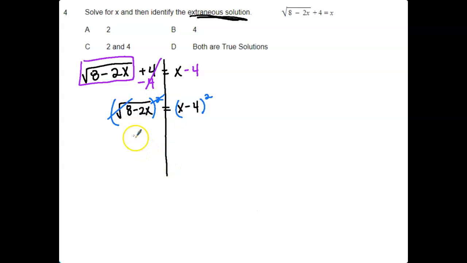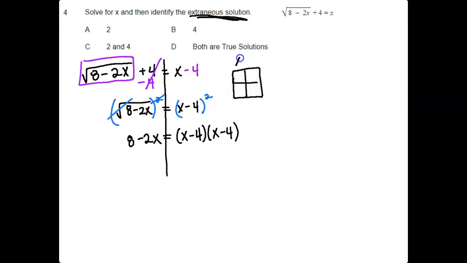Once I do that, I should have 8 minus 2x is equal to, now right here, got to be careful. Some of us want to distribute this exponent. We are not allowed to do that because x minus 4 squared is x minus 4 times x minus 4. And that means that we need to do a quick box method to multiply this together.